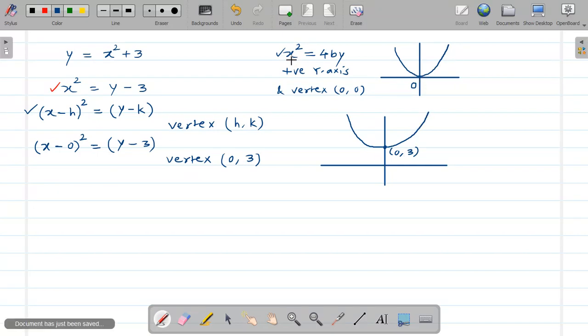If you have the equation x square is equal to 4by, then the vertex is at the origin, but here the vertex is at (0, 3). So to draw the diagram for that question, first of all you have to identify the equation of the parabola. So let us see this.